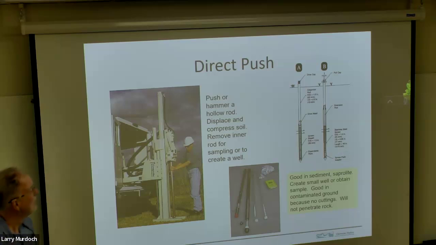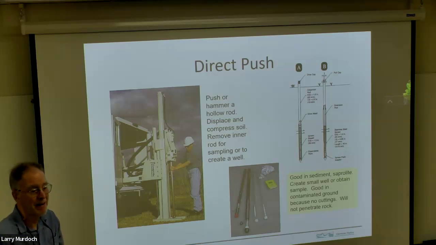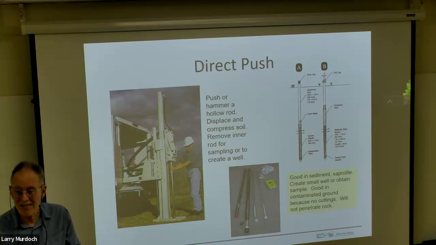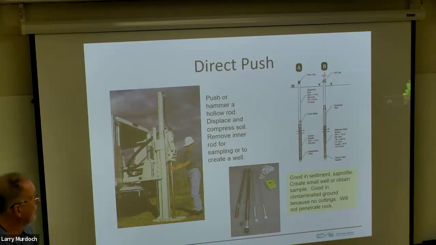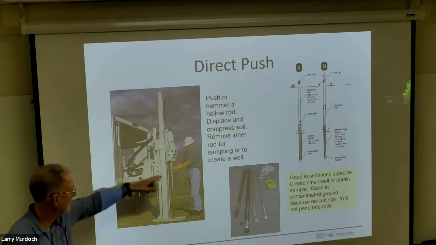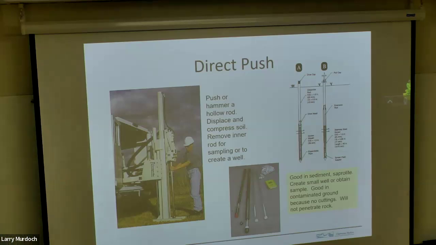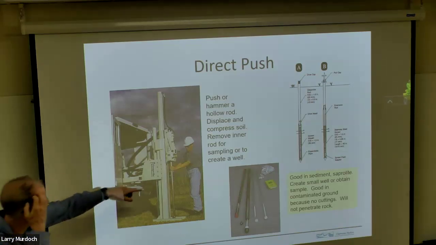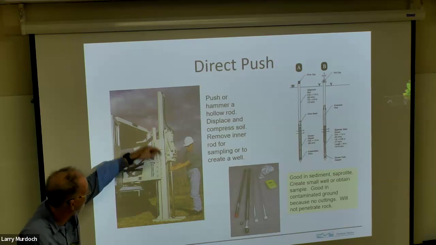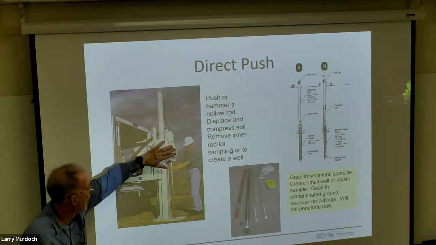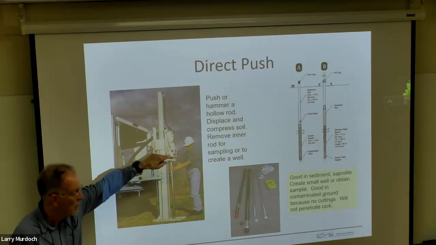Direct push. As you might guess, this involves taking a drilling rod, basically a piece of pipe, and just pushing it in the ground with a hydraulic press. This thing here has a big hydraulic cylinder to push this in. There's also a hammer that works like a jackhammer.